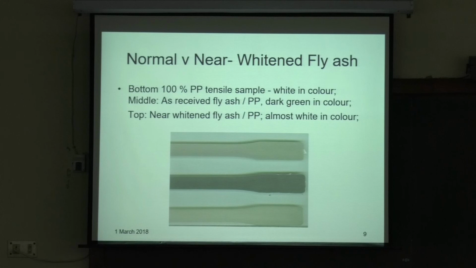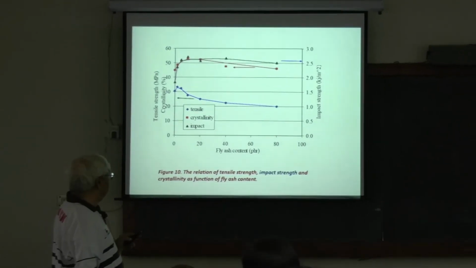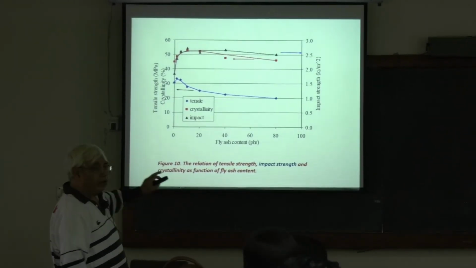And thank you. Can you go back to my one earlier file from yesterday, which I didn't have time to cover, because one of the set of slides which the question was, how did they? This is not near white-end fly ash.